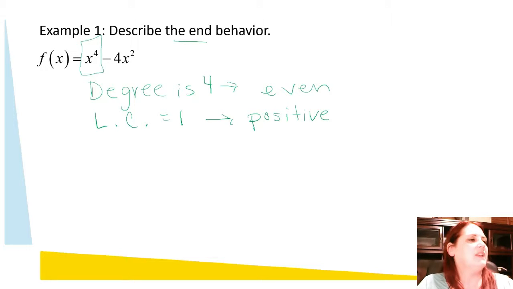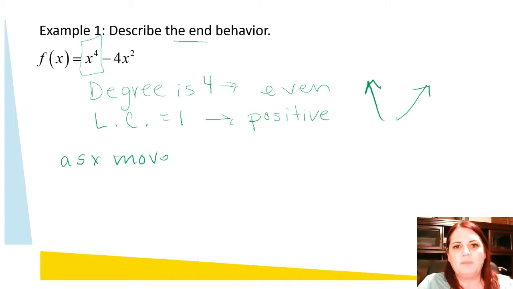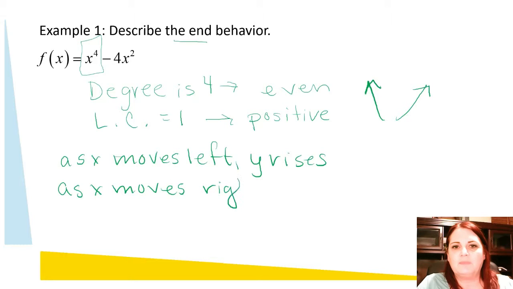So it has end behavior that looks like this. We're going to say that as x moves left, y rises, and as x moves right, y rises.